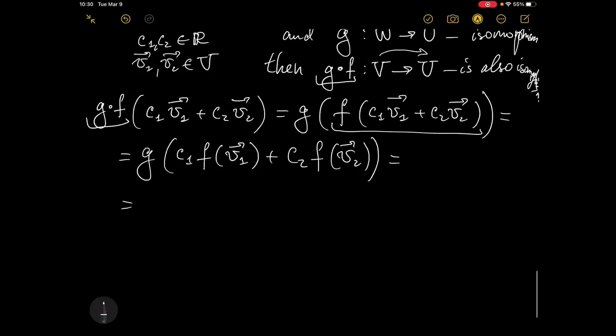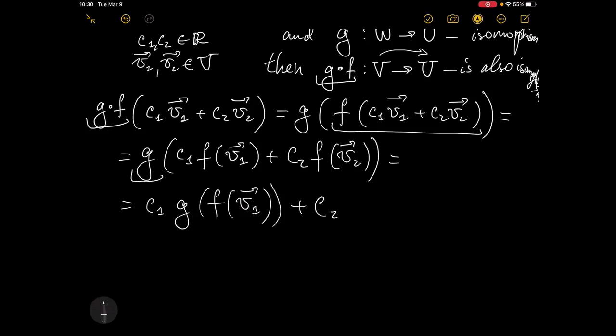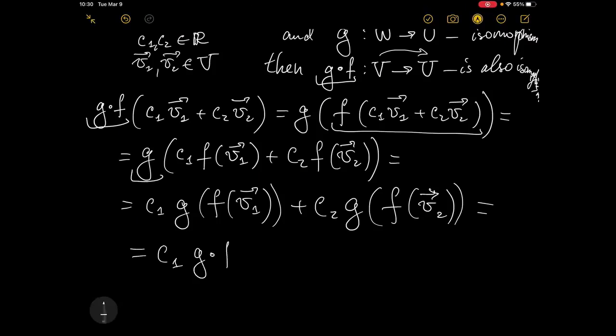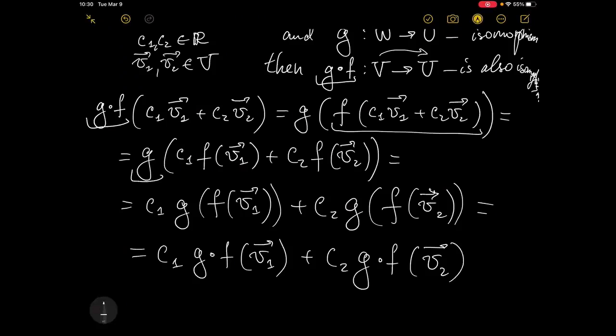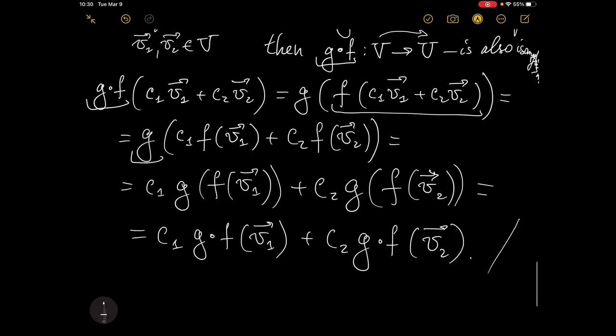And following the fact that G preserves structure as well, I can write that this is this. But then it's nothing else but exactly this composite function. So I have shown that this composite function preserves structure. So I have shown transitivity. This is the end of the proof.